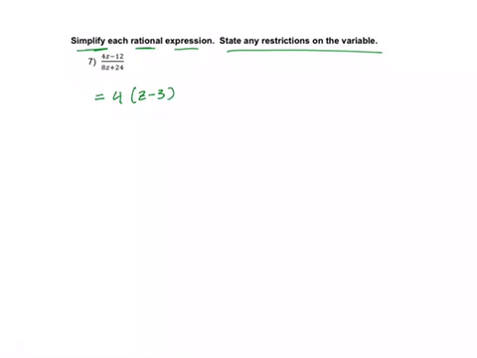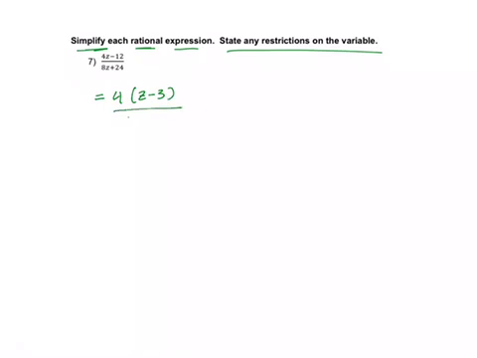Okay. So for this part, I want to simplify each rational expression, and I want to state the restrictions of the variable. In this case, I'm going to start by factoring out. I'm going to check if I have a common factor. Between 4 and 12, it's 4, so it's z minus 3.